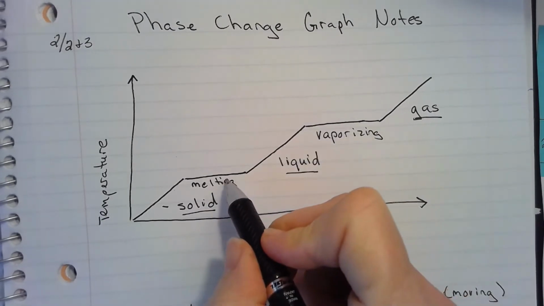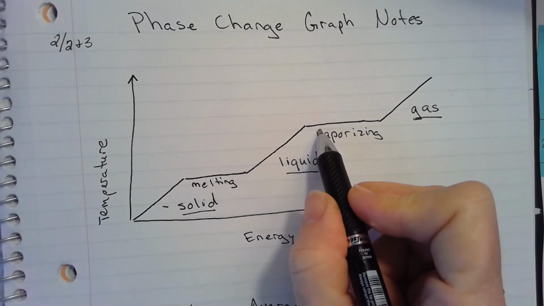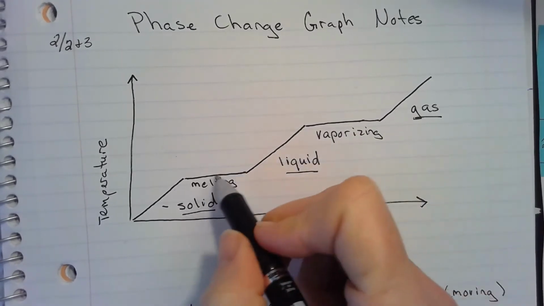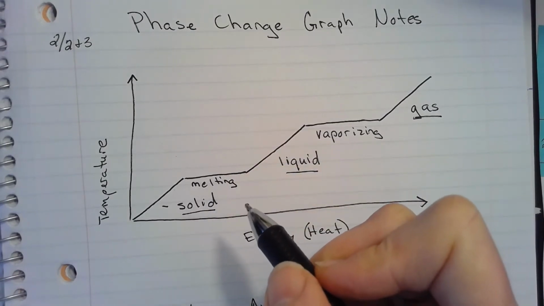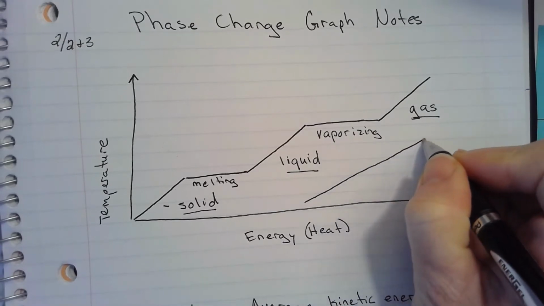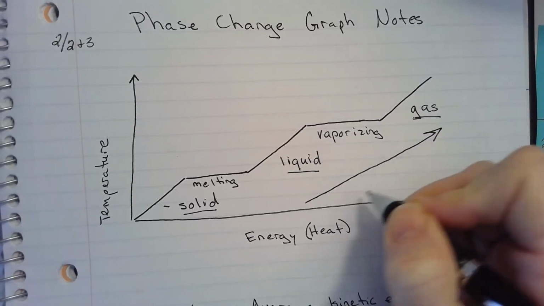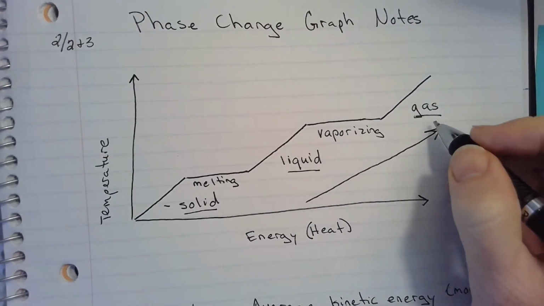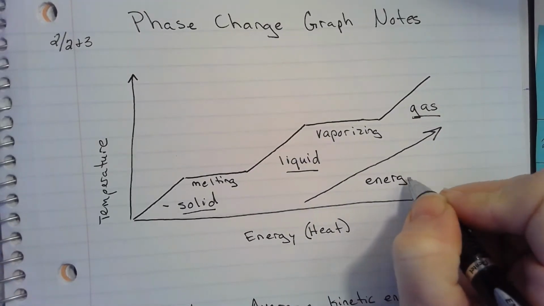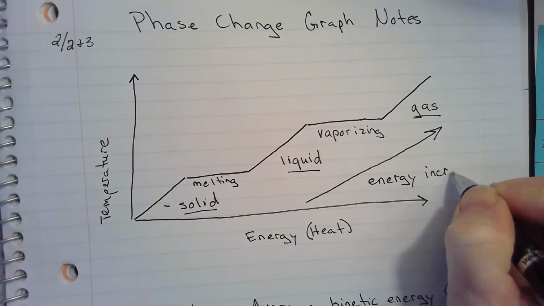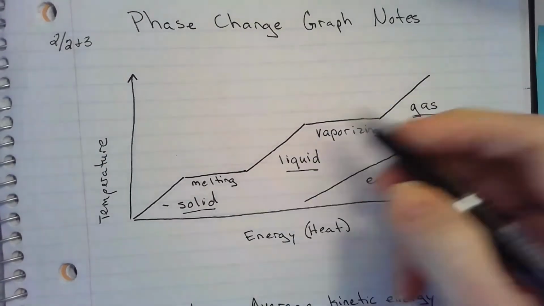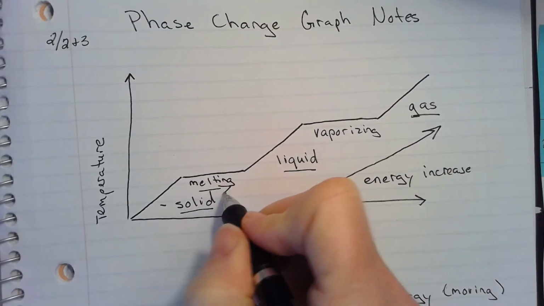And the reason why it's a flat line is all of this heat energy is going in to break up those bonds. So my energy, the heat, is increasing, and as the energy increases, my temperature is increasing, right?